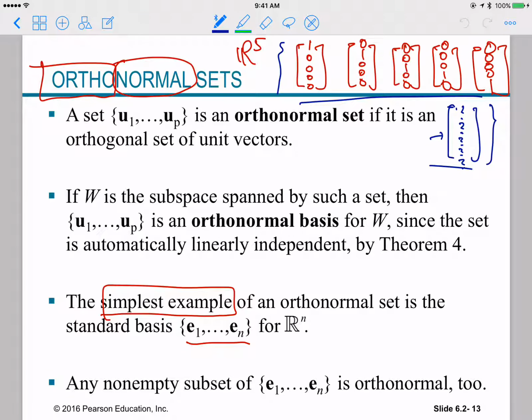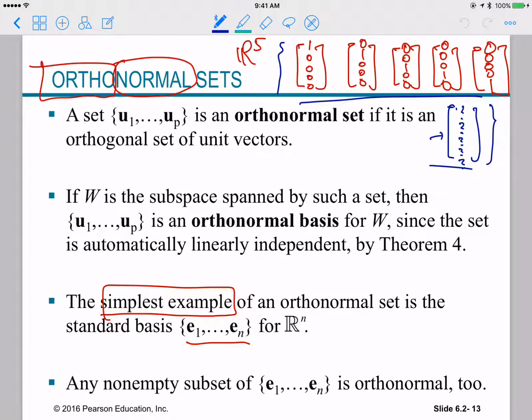Last time we discussed a few properties of this orthonormal set. First of all, an orthonormal set and also an orthogonal set should be a linearly independent set, right? An orthogonal set is a much stricter condition than linearly independent.